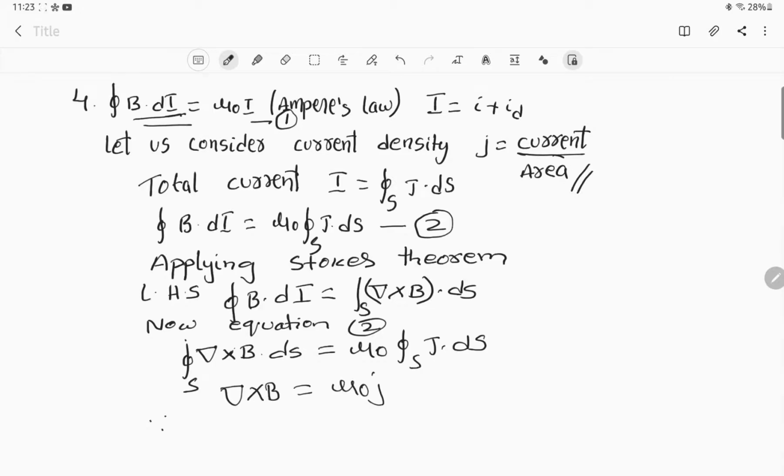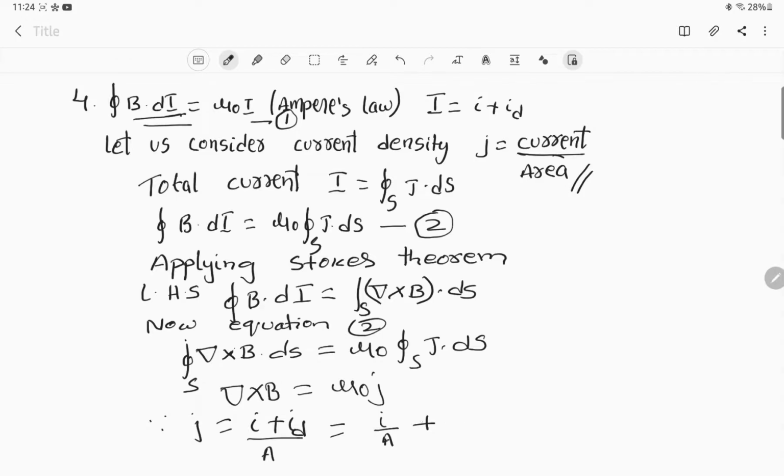Our total current is given by I plus Id, so J is I plus Id divided by A. If you divide this relation individually by A, you obtain I by A plus Id by A. In the last class we derived the value of the displacement current Id.